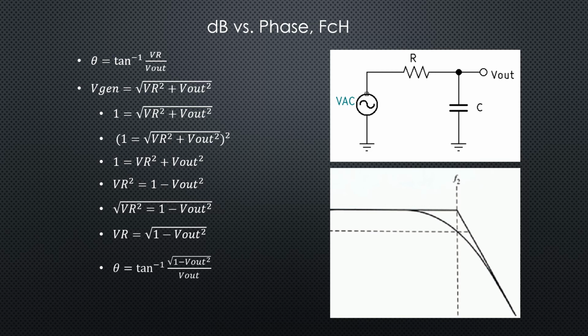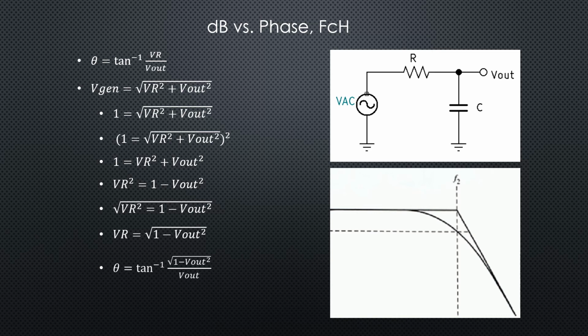Okay, so now we're going to look at phase relationships at those exact points also. So the phase is equal to the arctangent of VR over V out, the opposite over the adjacent, if we're looking at the voltage across the capacitor in reference to the generator. We also know that Vgen is equal to the square root of VR squared plus V out squared, because those two voltages should be 90 degrees out of phase with each other.